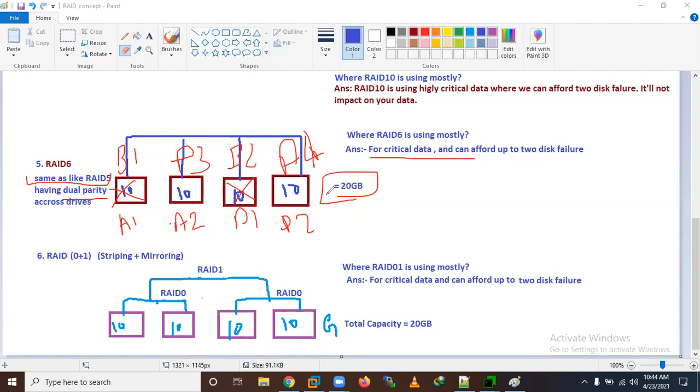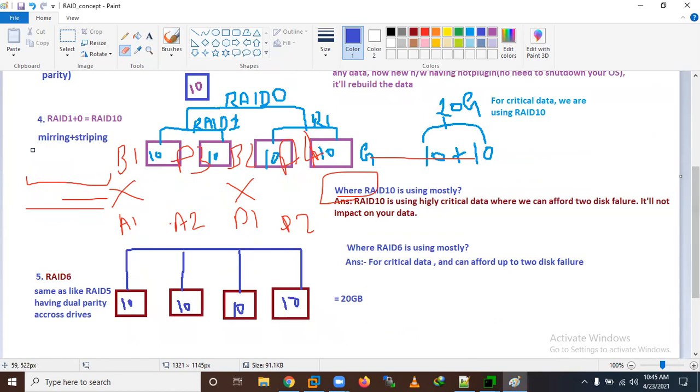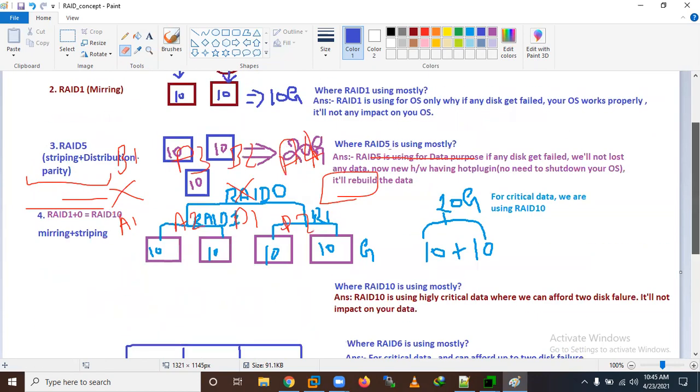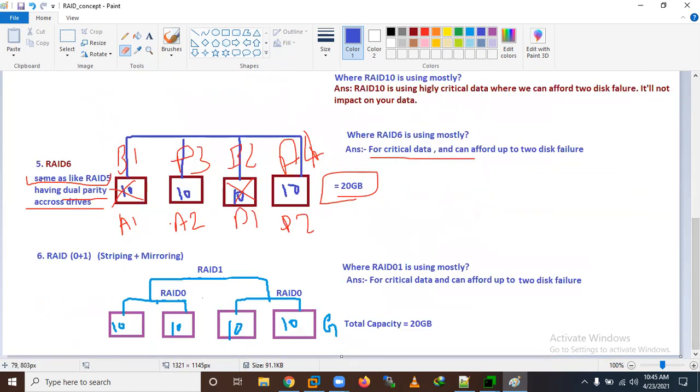It is also more costly, but the method here is that it uses parity, dual parity, across the drives. Above, you are using mirroring plus striping, and here you have used striping plus distributed parity. So data is written in blocks in striping with dual distributed parity here.